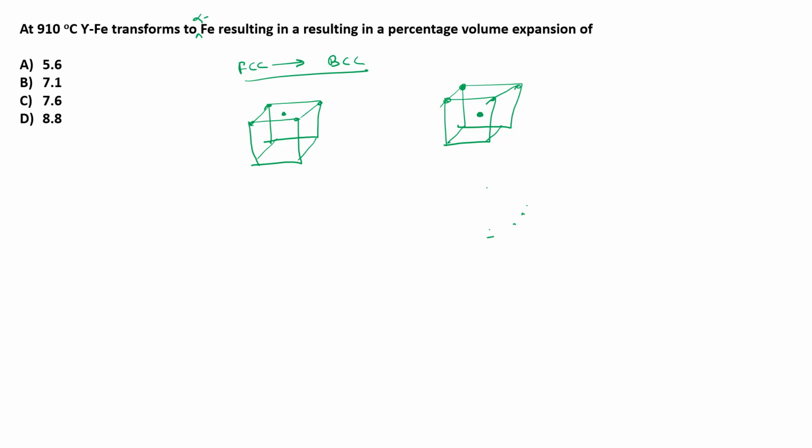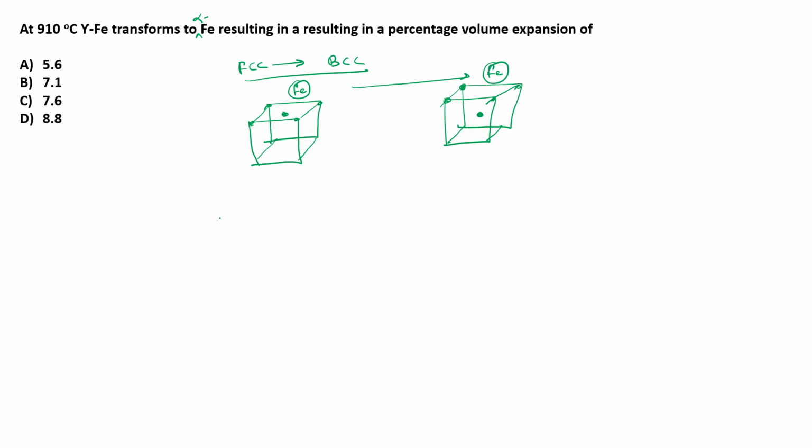We have the body center here, and in FCC we have the face center. Now tell me, what is the thing which does not change while transforming from FCC to BCC? We have the iron atom here, and similarly here also it will be an iron atom, right?